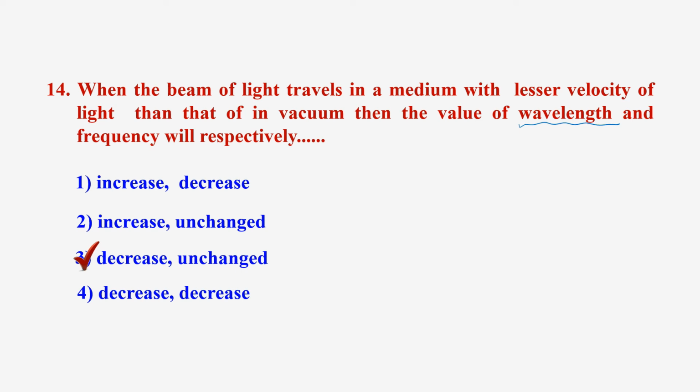So when a beam of light travels in a medium with lesser velocity than in vacuum, the wavelength will decrease and the frequency remains constant.